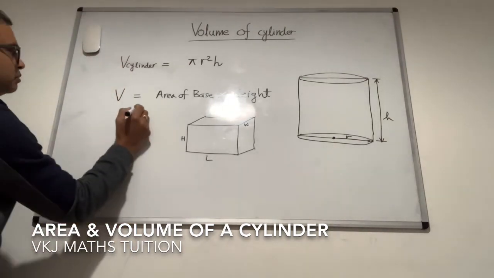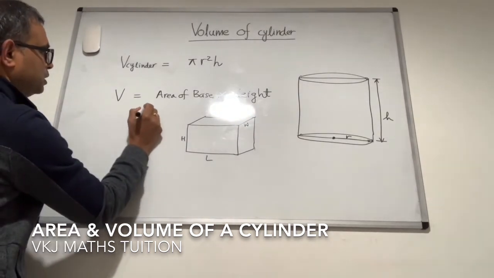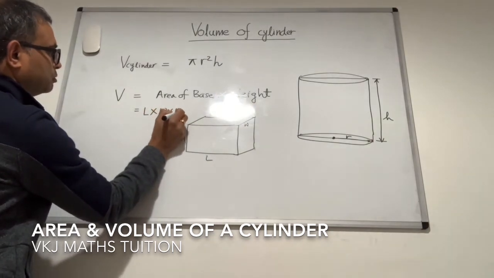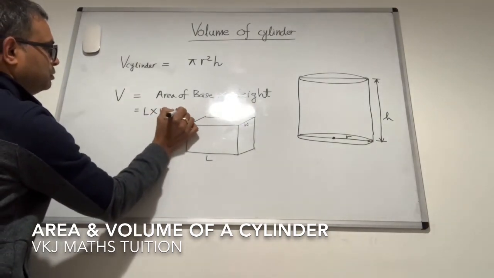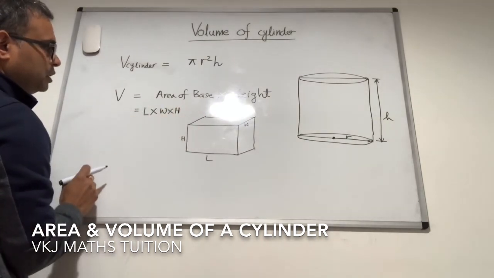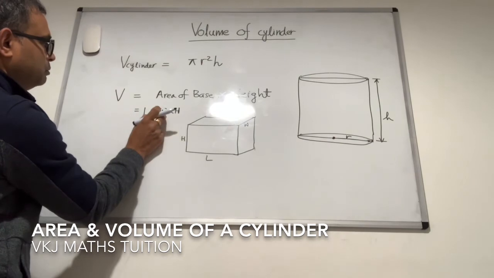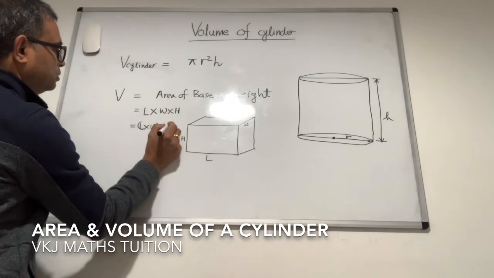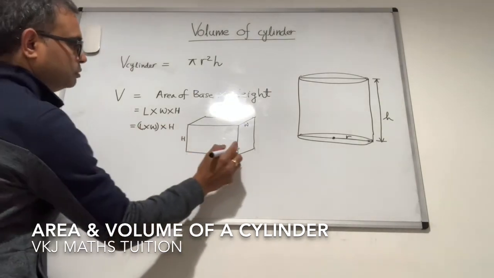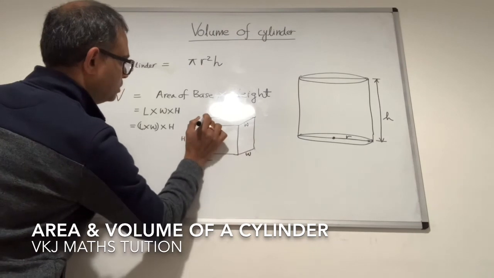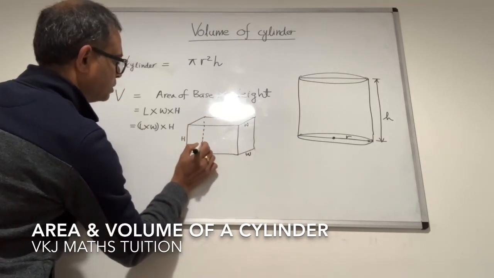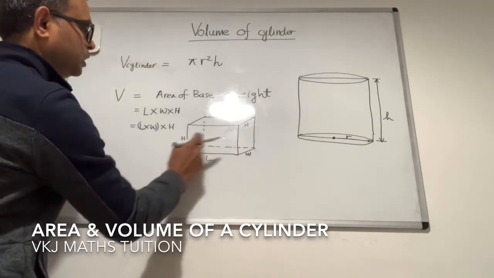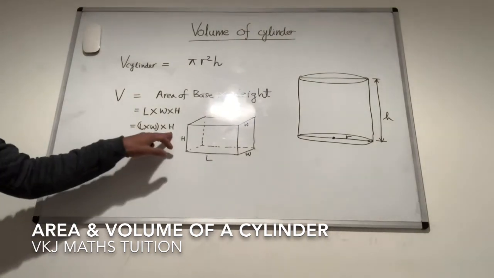Length into width into height. If you club L into W together, L into W is the area of its base, and then height.